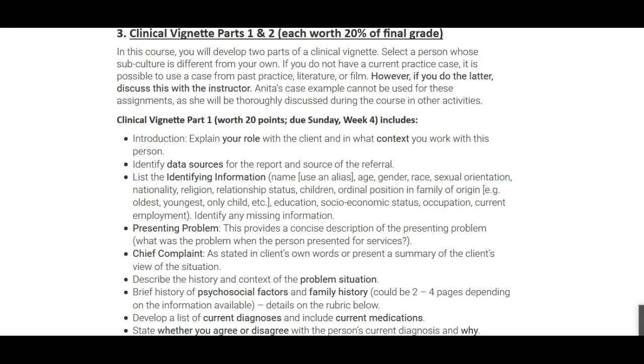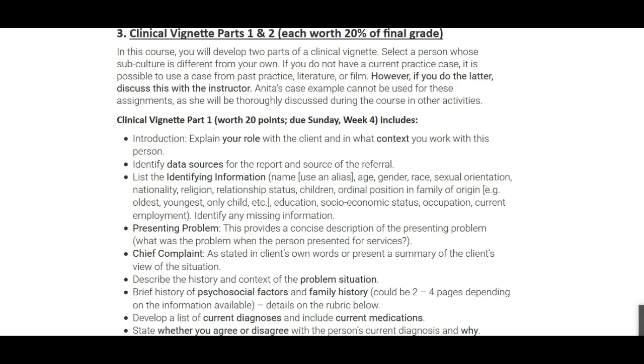So like in a drug and alcohol clinic, the person may be referred from inpatient or court or children and family services. Those would be the referral source, and then the data source is where you're getting the information. So perhaps your own intake with the patient compared to a previous biopsychosocial or discharge summary that you received from the referring source, okay?